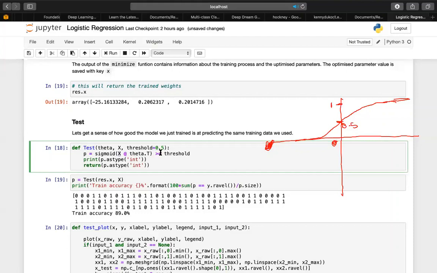So whatever it gives you, you want to use a conditional expression here to check. If it is greater than or equal to the threshold, it's going to return true. And if it is less than the threshold, it's going to return false, right? So what you're going to be having in your values of P is going to be lots of trues and falses, yeah? That's what you're going to be having.